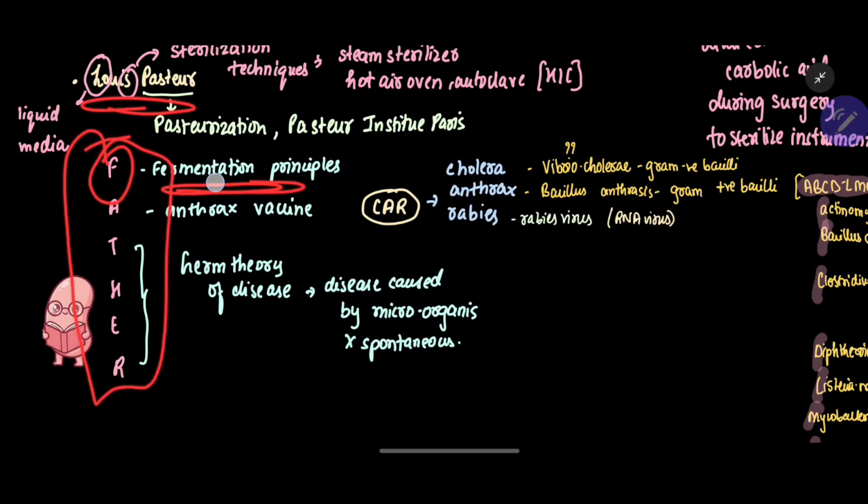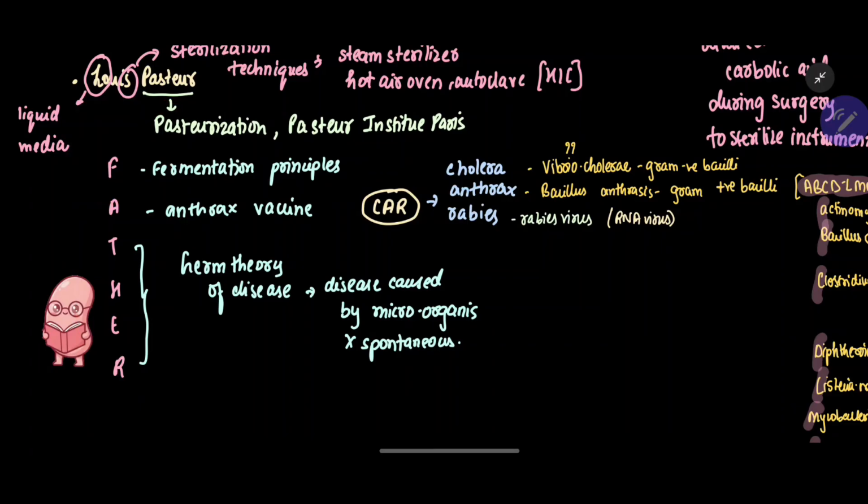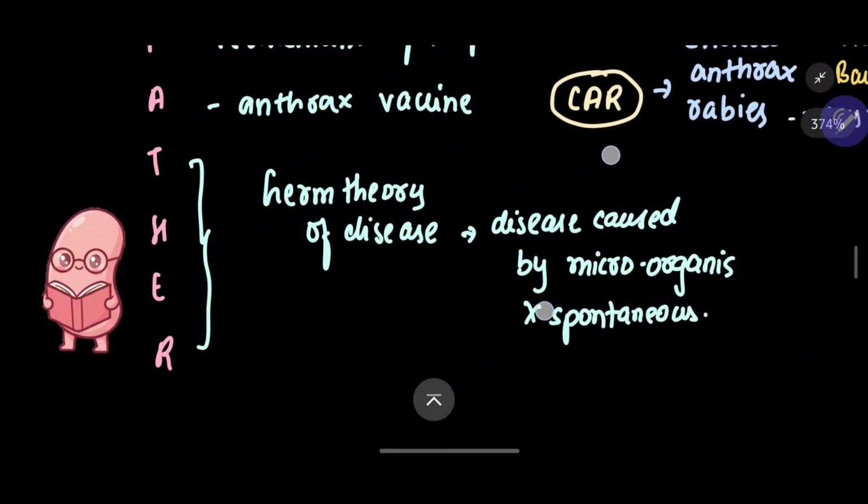F was for fermentation principles. He said that fermentation doesn't take place spontaneously, it takes place because of some microorganisms. And then A is for anthrax vaccine, and he gave two more vaccines for cholera and rabies. And then THER is for germ theory of disease. He said that diseases are caused by germs.